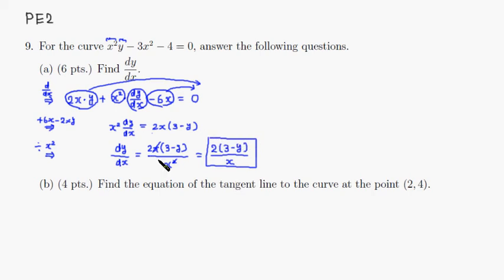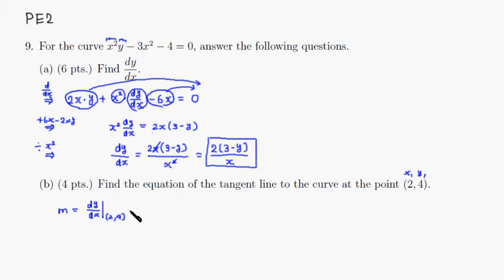For part B, we need to find an equation of the tangent line. You have a point given, so this is going to be x1, y1. And the slope m can be found simply by evaluating dy over dx at the given point 2, 4.